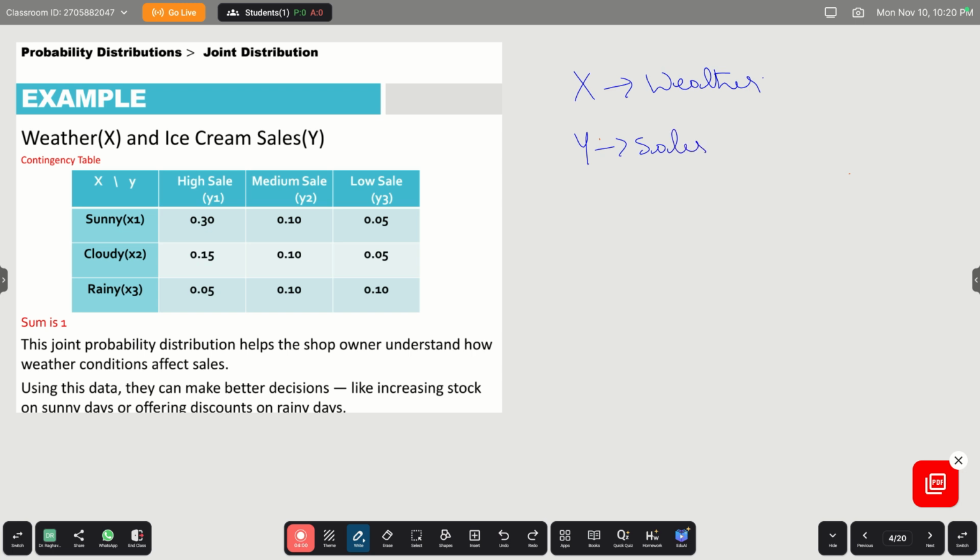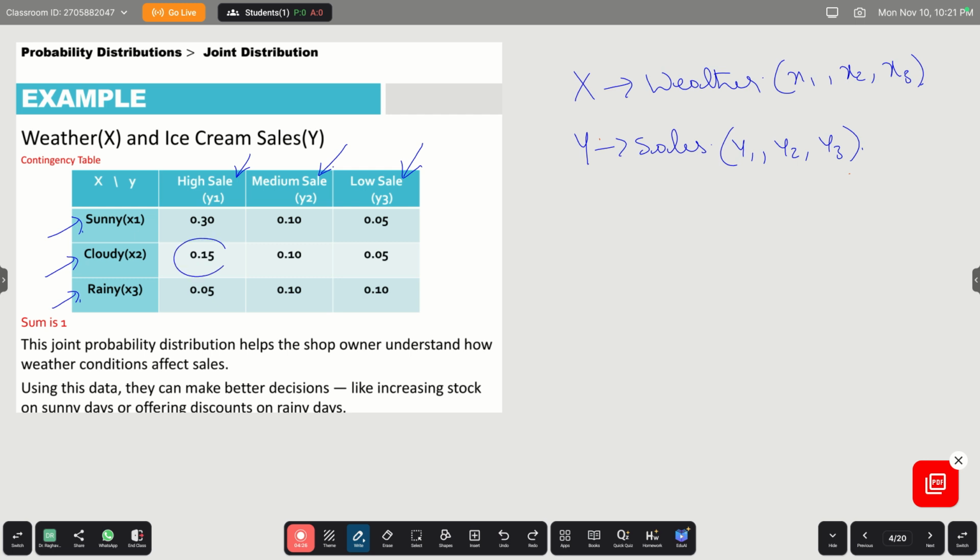Suppose x is taking the values x1, x2, x3 and y is taking the values y1, y2, y3, where x1 represents a sunny day, x2 a cloudy day and x3 a rainy day, and y1 is high sales of ice creams, y2 is medium sales and y3 is low sales.